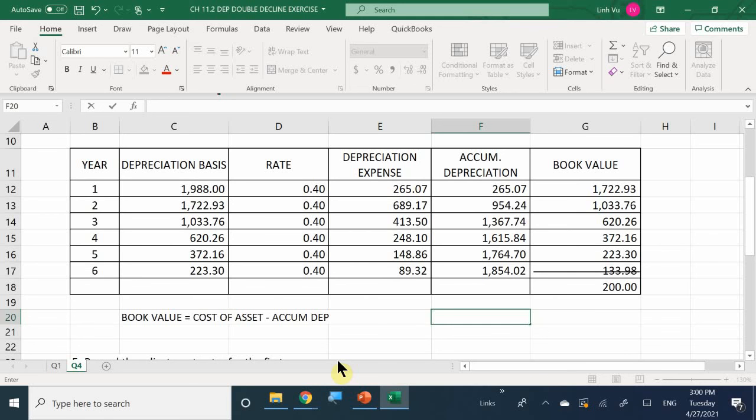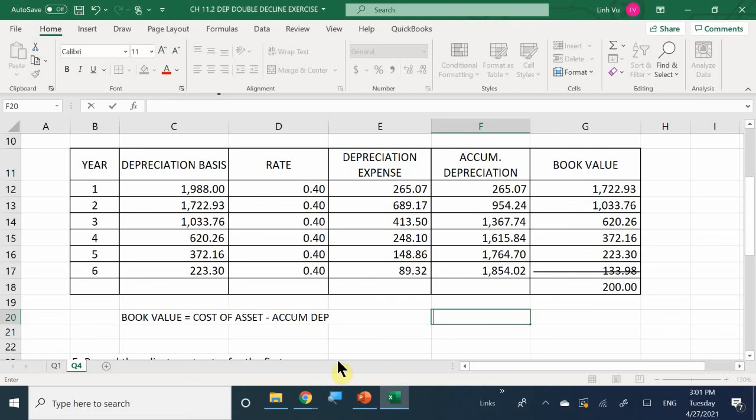I have the cost of the asset. What else do I have? We're solving for the accumulated depreciation, right? 265.07. Okay, how did you get that number? Because that's what it was the first year. Okay, so in order to work backwards, what I need is my ending book value. 6602.